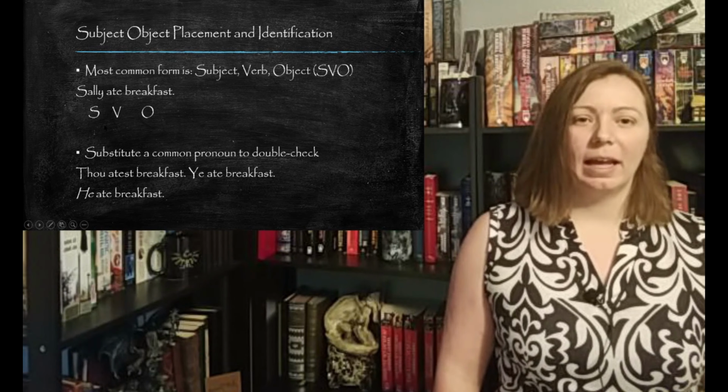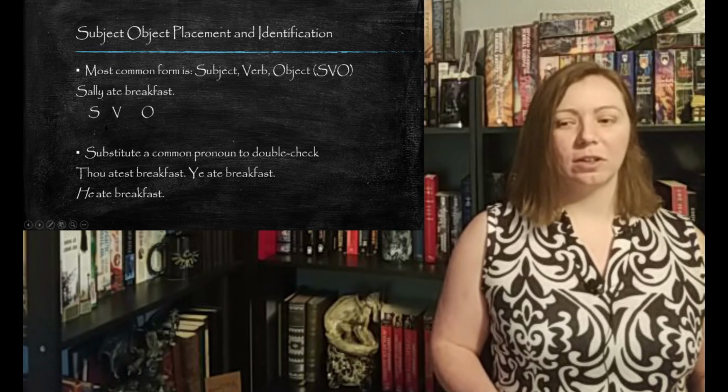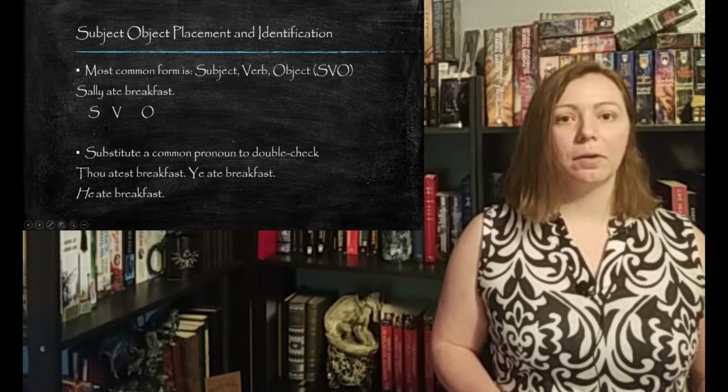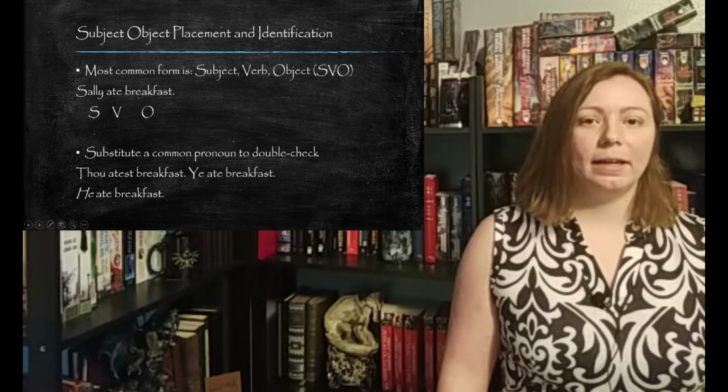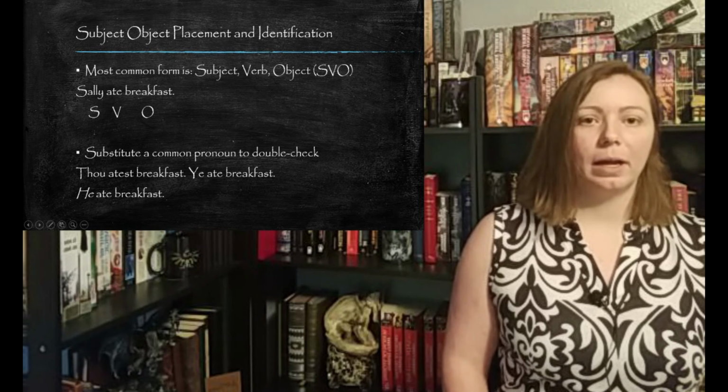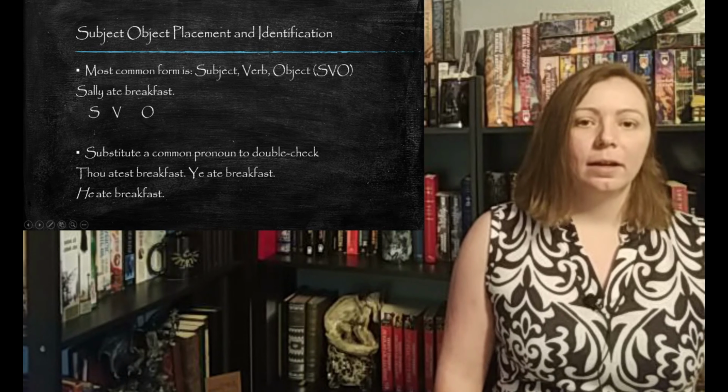And obviously we switch things around a lot in English, but this will be your simplest form of a clause. It will be your simplest form of a sentence, and it's a method and a form that we follow naturally all the time. So again, Sally being the subject, ate the verb, and breakfast the object.